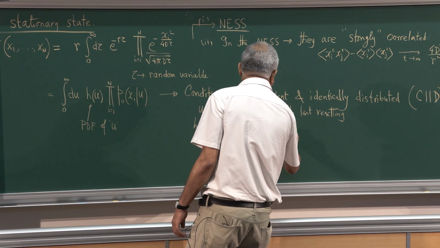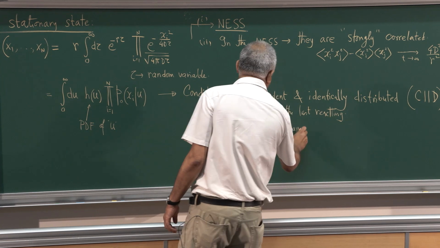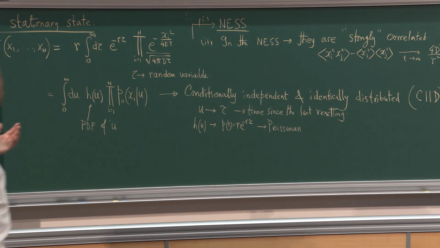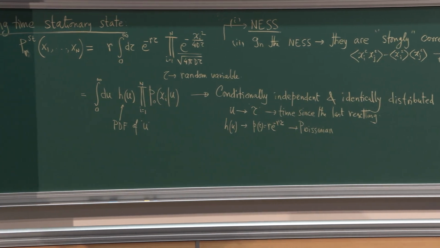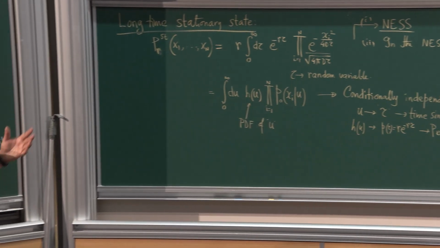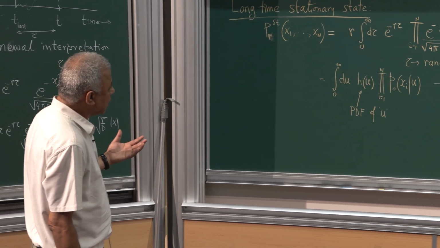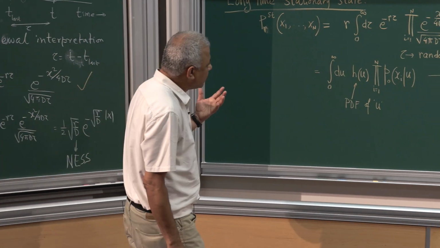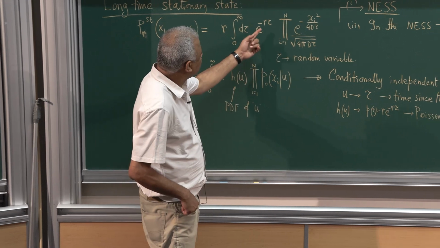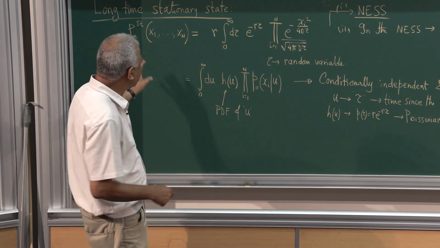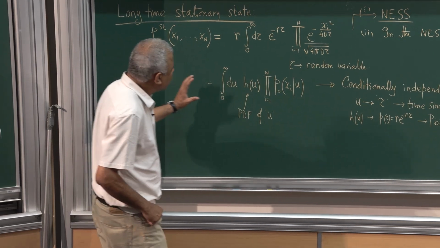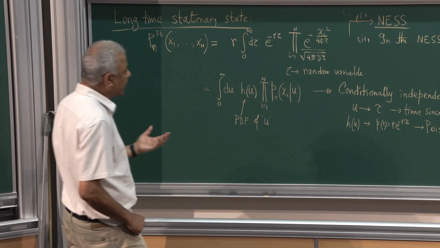Later on we'll see that there are many other problems where exactly the same structure comes out in the stationary non-equilibrium state. But sometimes it's not easy to identify. It has a hidden structure, because if I give you the joint distribution, it's not always clear that you can write it in this CIID form.